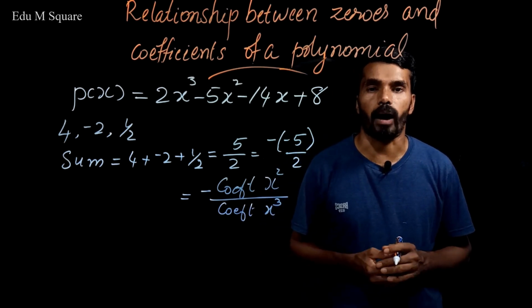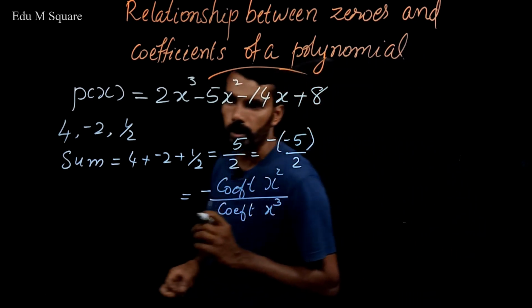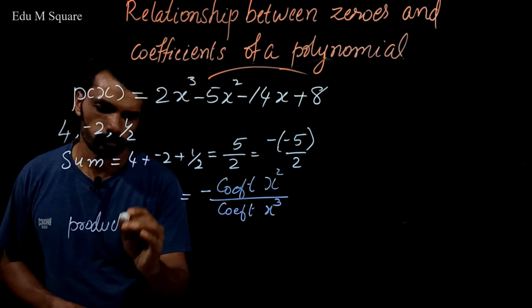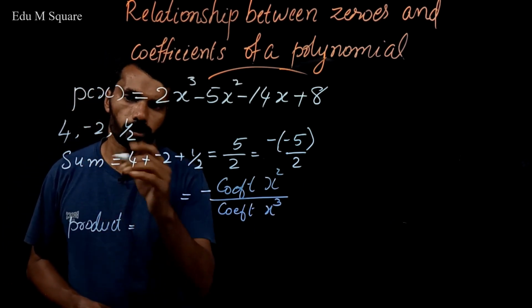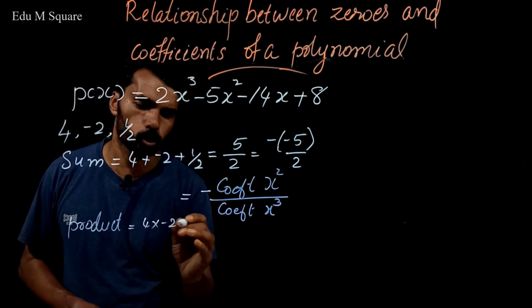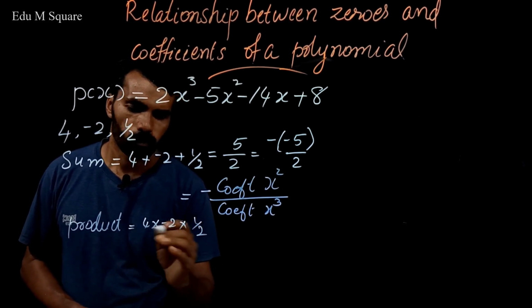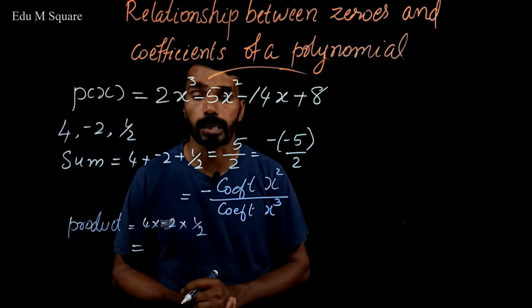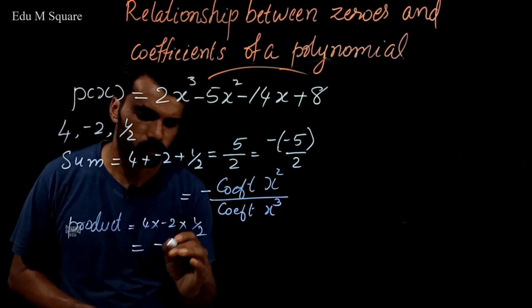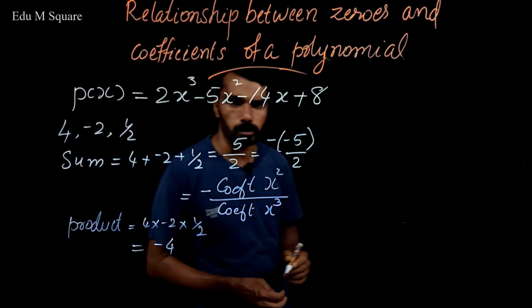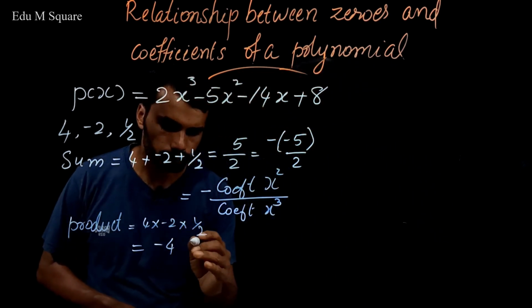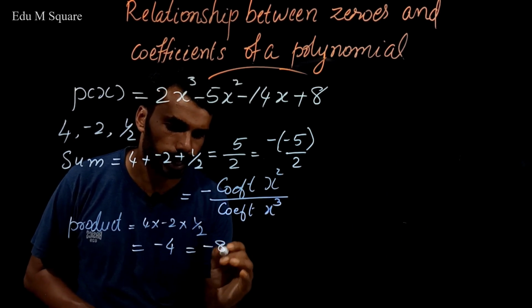Now let us find their product. The product is equal to 4 into minus 2 into 1 by 2, which is minus 8, and minus 8 into 1 by 2 is minus 4. This minus 4 can be written as minus 8 by 2.